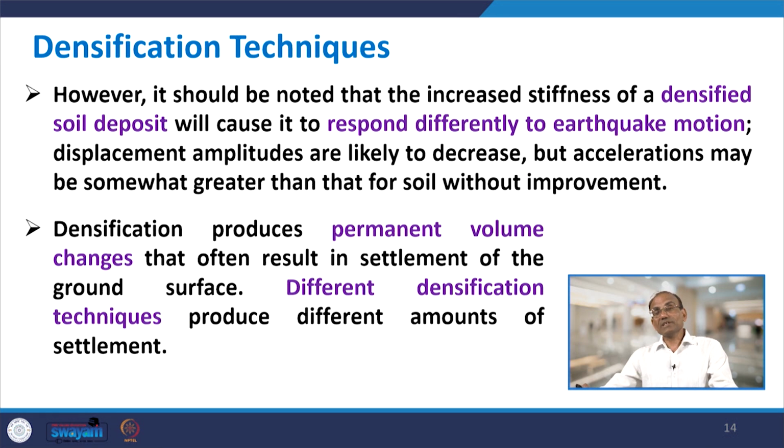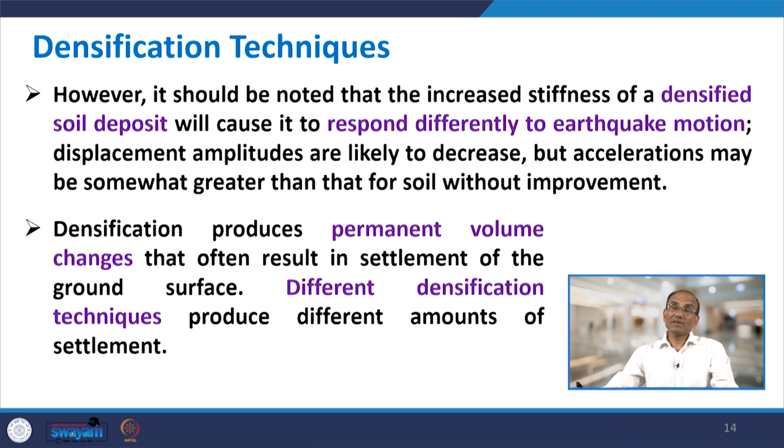However, it should be noted, particularly for earthquake engineering, that when you increase the stiffness of a soil deposit due to densification, it will respond differently to earthquake motions. For example, displacement amplitudes are likely to decrease because the soil is now densified, but acceleration may be somewhat greater than that for soil without improvement.